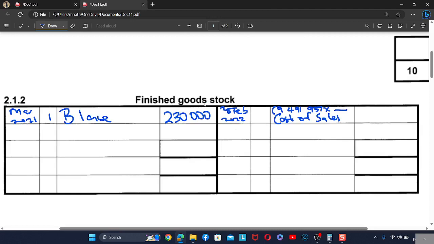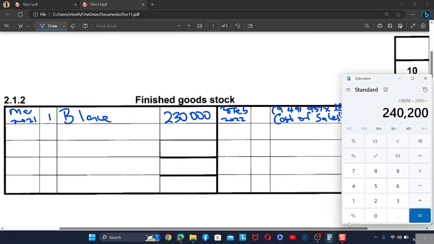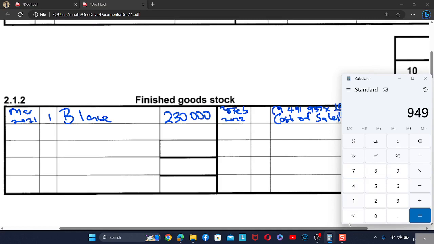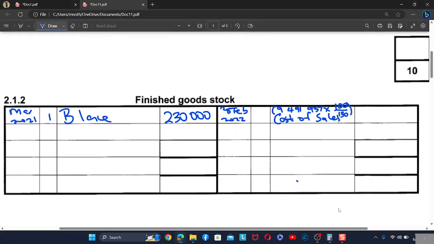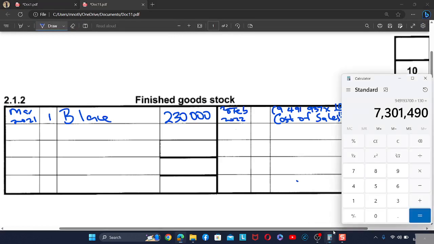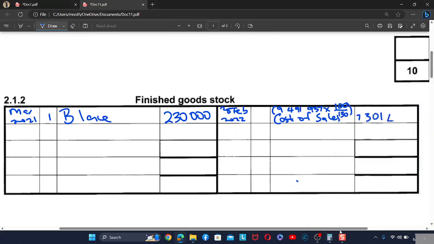Below we are going to put what we have. So what we have is 130, and what we're looking for is 100, which is the cost price. So 9,491,937 multiplied by 100 divided by 130. That is going to be 7,301,490, right? Let's continue.